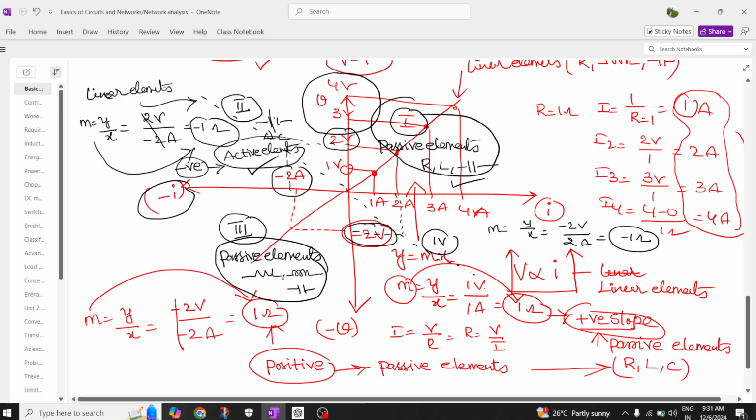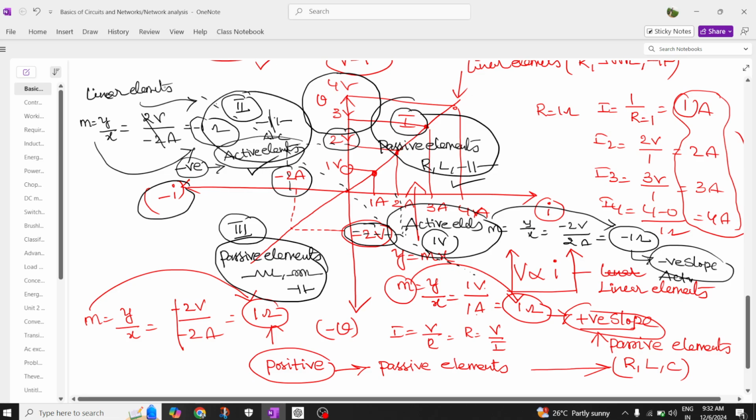I already told you, if you get a negative slope, then automatically these elements are called active elements. So active elements will be there in quadrant 2 as well as quadrant 4.